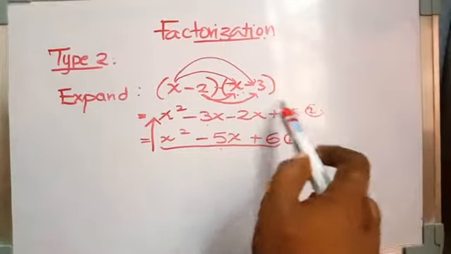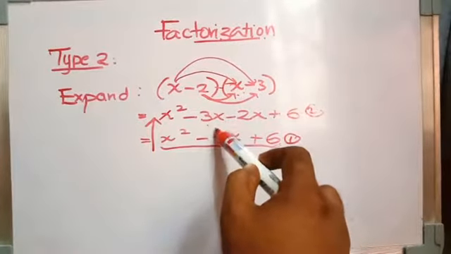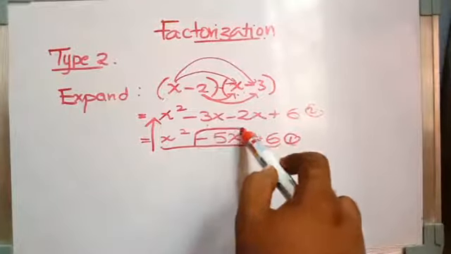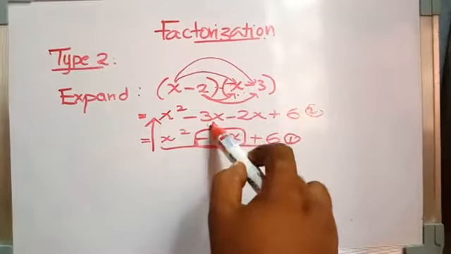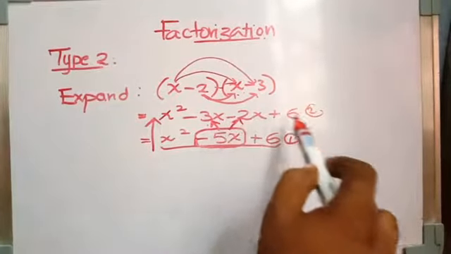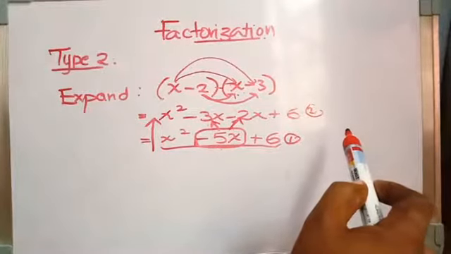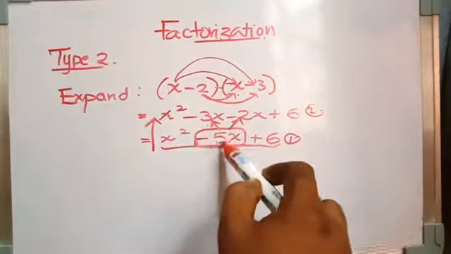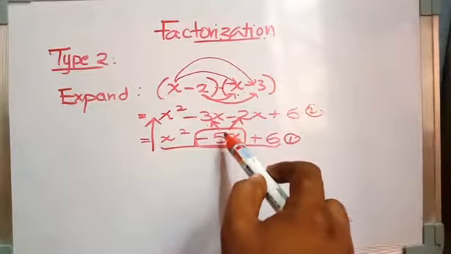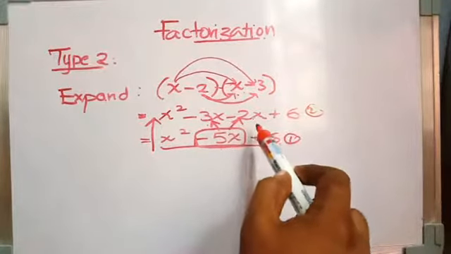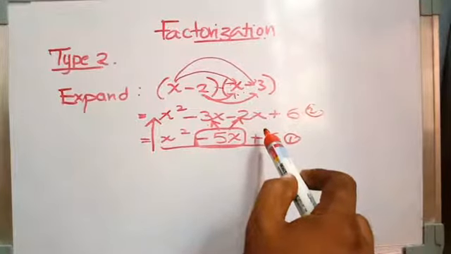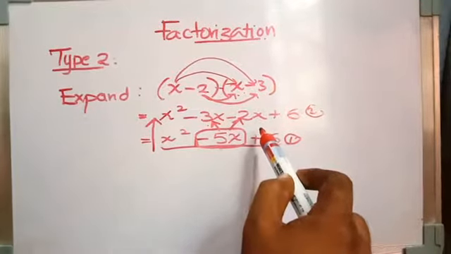So what is happening in step number 2? You just see what is happening here. Minus 5x is split as minus 3x minus 2x, isn't it? So this type of splitting we are going to do in factorization of type 2.